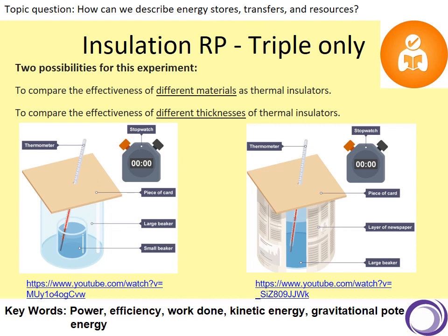Then on that graph, you do a line of best fit, and you would notice what pattern you have from there, and you'd be able to evaluate your graphs. So describe that pattern: what is happening, and why is that? Pause the video now, have a look at those YouTube video links to explain those practicals, so you're picking up those key points.